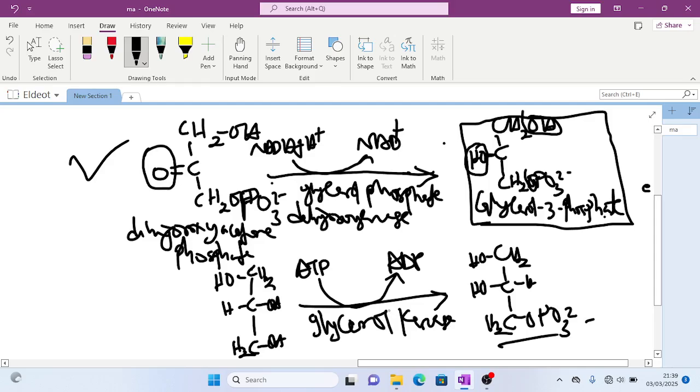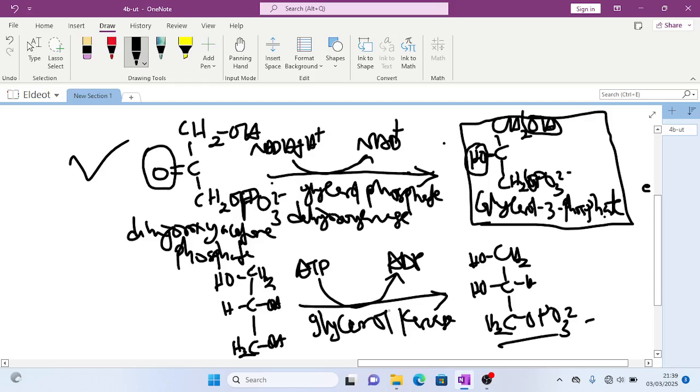So these are two routes by which we can generate glycerol 3-phosphate, a very important precursor for manufacturing triacylglycerol. I think one route is the endogenous route, the one that happens in the body. The endogenous route involves dihydroxyacetone phosphate. It's a reduction reaction.